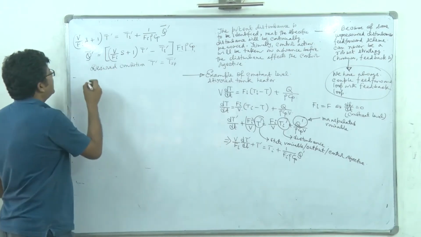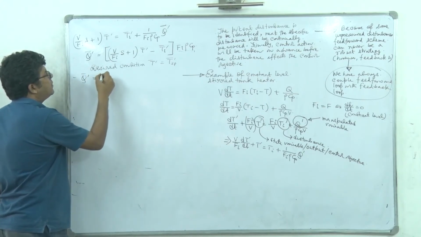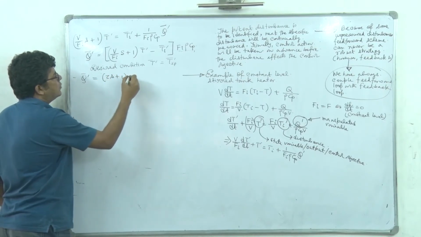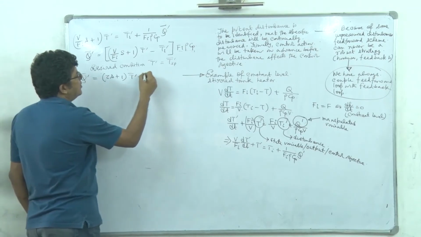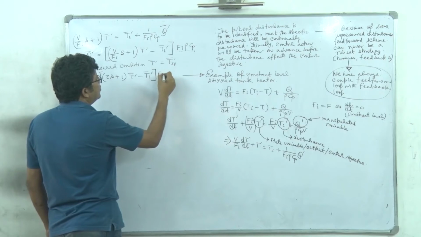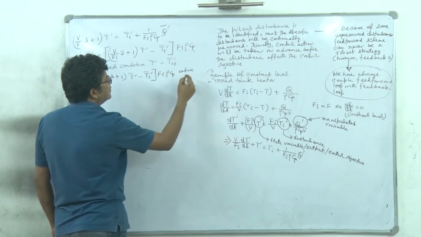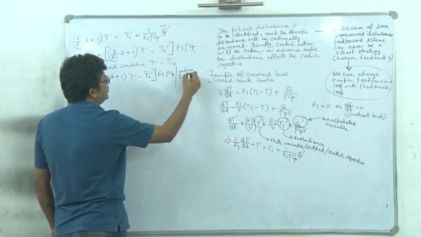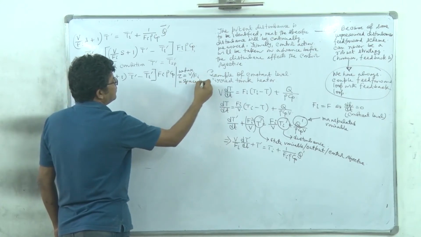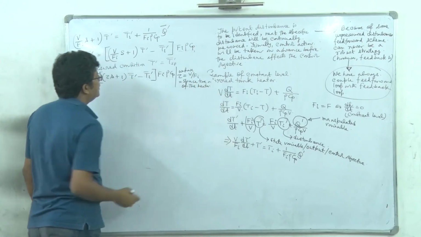So if I write this, you see that q dot prime is equal to this tau s plus 1. Now we can use it, (T prime bar minus Ti prime bar) whole bracket into Fi rho Cp, where this tau will be equal to V by Fi, that's the space time of the heater, right?